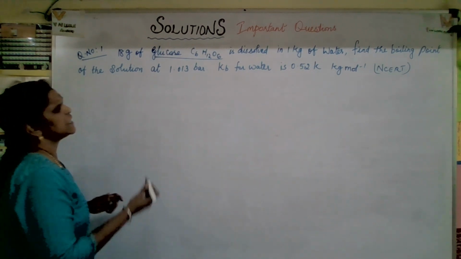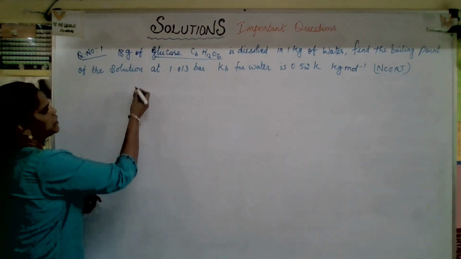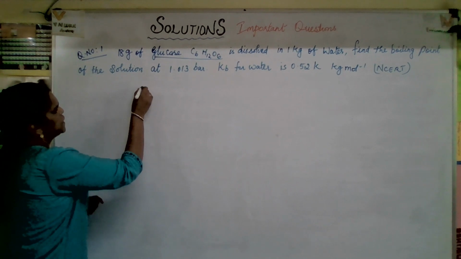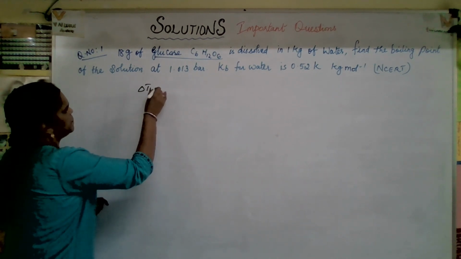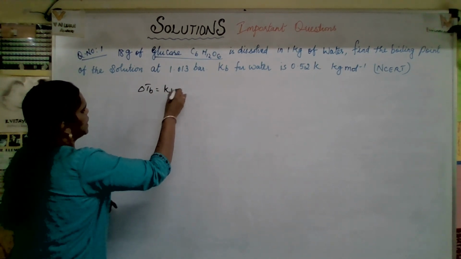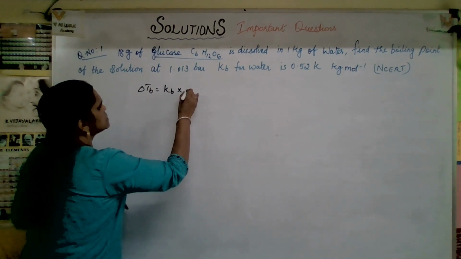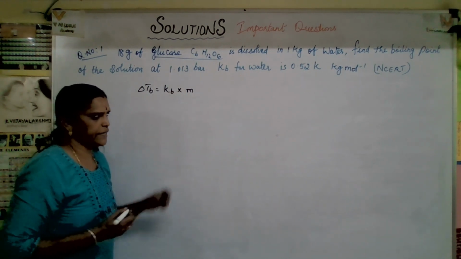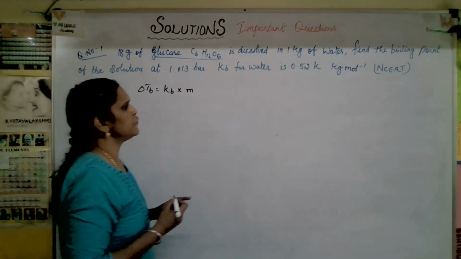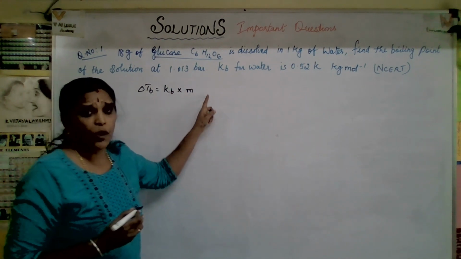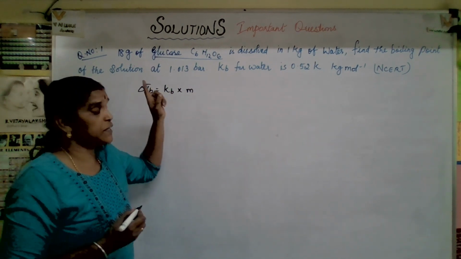Now what is the formula for the elevation of boiling point? Delta TB equal to KB into small m, that is molality. So we have to find out the molality, that is the number of moles of the solute.